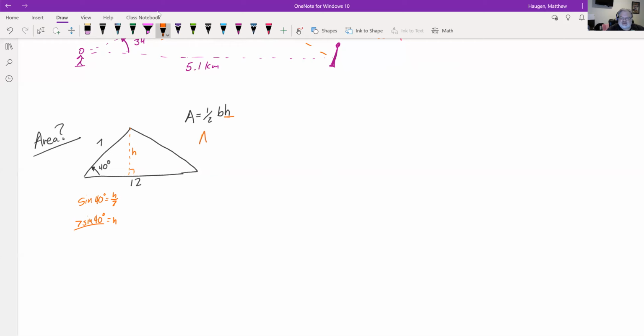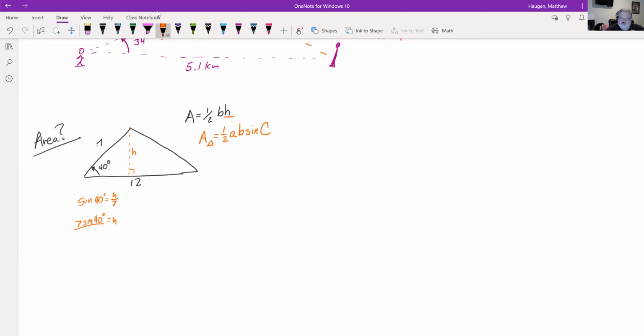The idea that the area of this triangle is then 1/2 times, okay, we're still going to be multiplying it by that 12, the base, but we're also going to be multiplying by this other side and the angle between them. So we often simplify this formula to 1/2 AB sine C, where that B sine C is that height, or the A sine C is the height if you prefer.